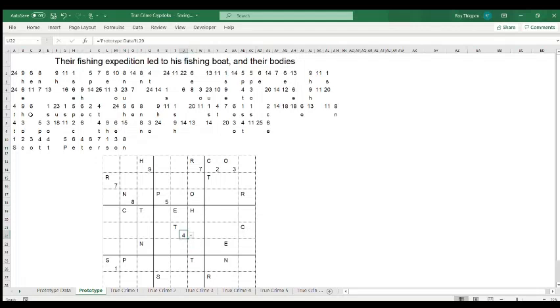Oh, duh. 4 right there. 5, 6. We do not have 6. Okay. Oh, yes, we do have 6. 6 is E. All right. 7, 8, 9. Okay, so we have all 9 letters.